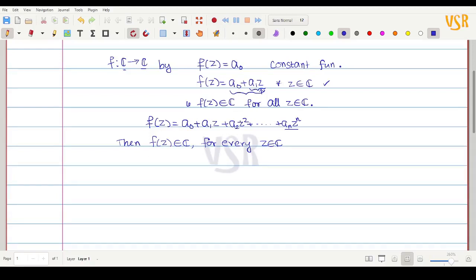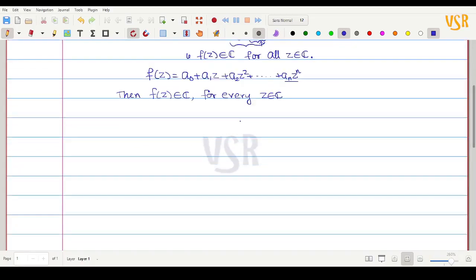Now the question is, what about adding infinitely many terms? Consider the series summation n equal to 0 to infinity an z to the power n. What will happen?